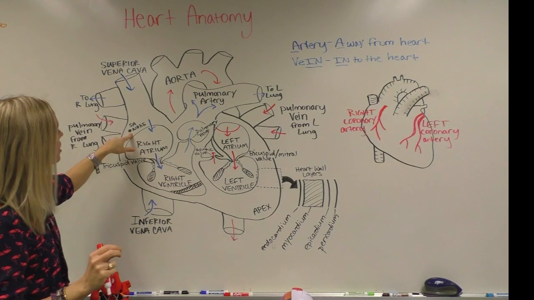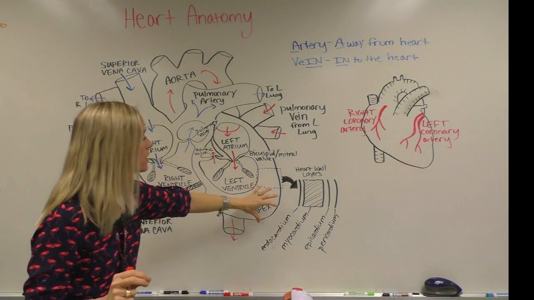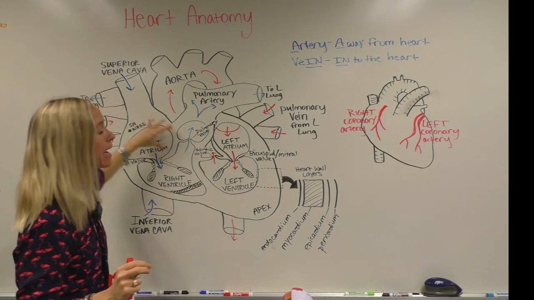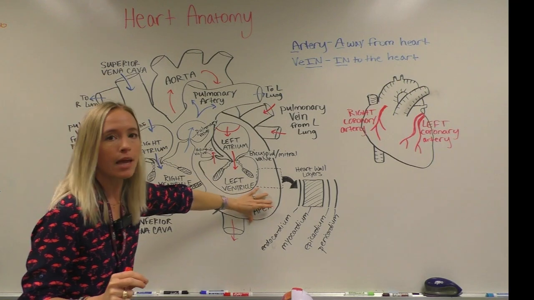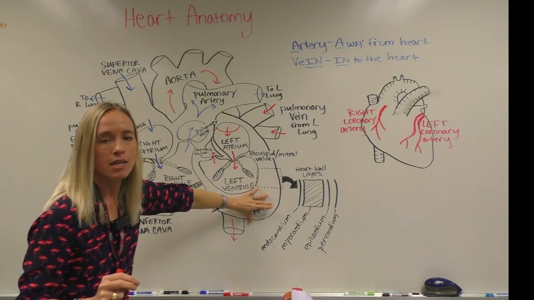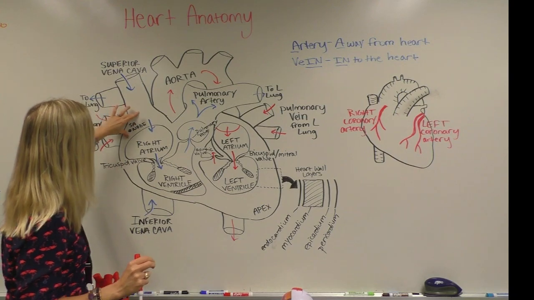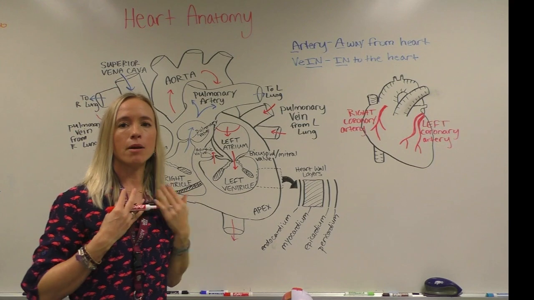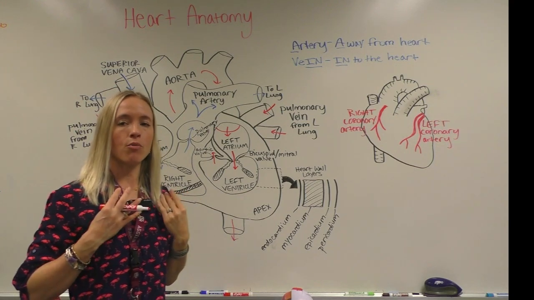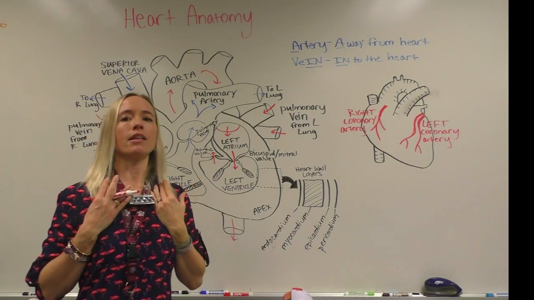And the direction of electrical signal goes diagonally from the SA node to the apex. The apex is the tip of the heart right here. So that is why whenever we put paddles on a patient in order to try and revive the electrical impulse of their heart, we don't put them side by side like we see in the movies.